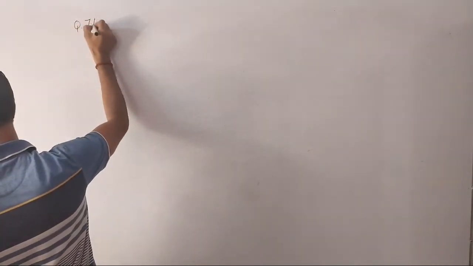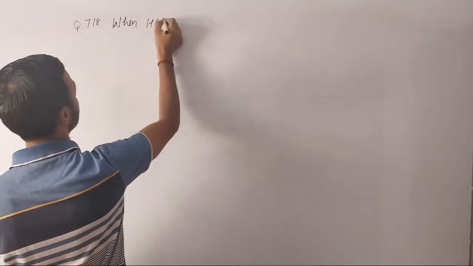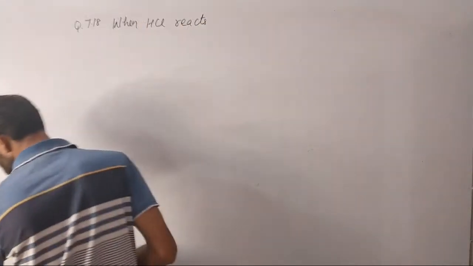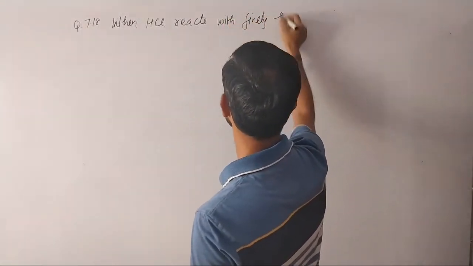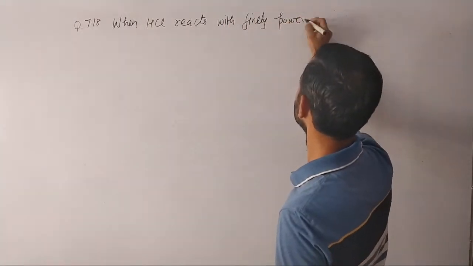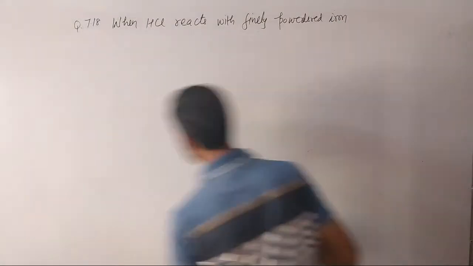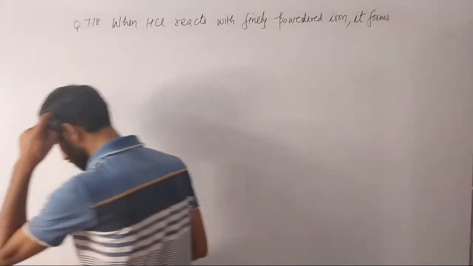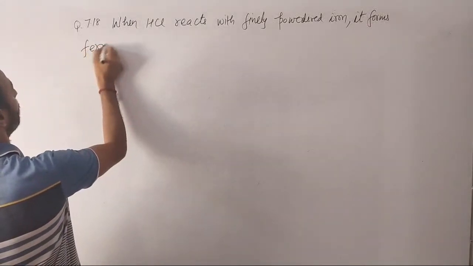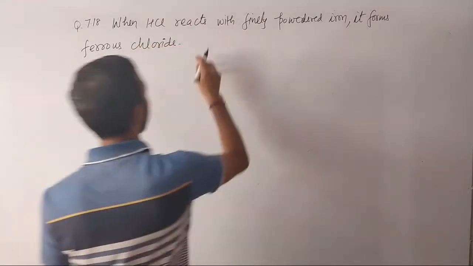Okay, next one. Question number 18. When HCl reacts with finely powdered iron, it forms ferrous chloride and not ferric chloride.